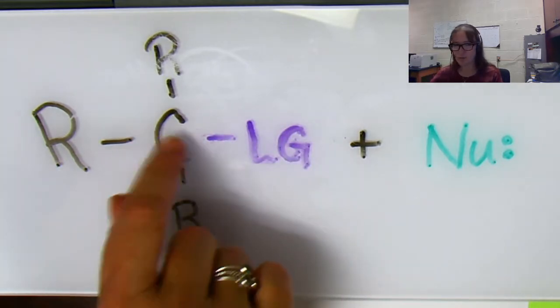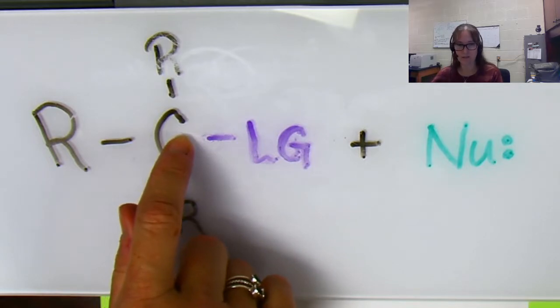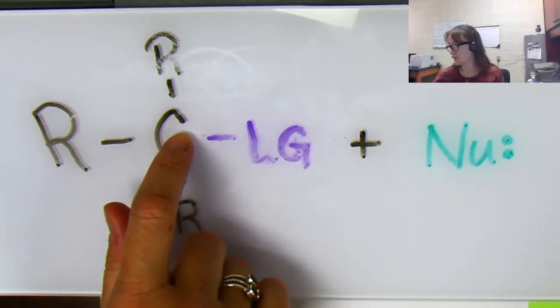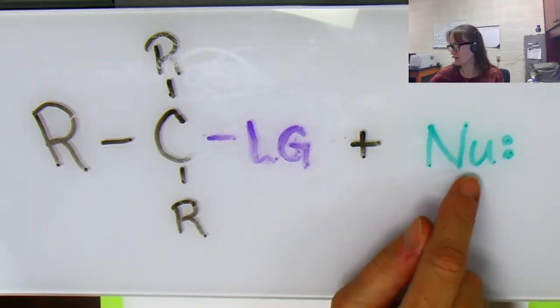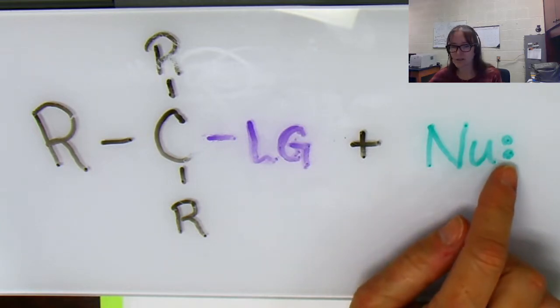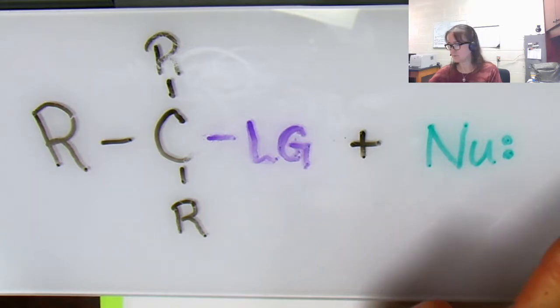That leaves behind a carbon that still needs one bond, and in order to have a bond you have to have electrons. The nucleophile has a pair of electrons that is available to form a bond, and it would like to form a bond.